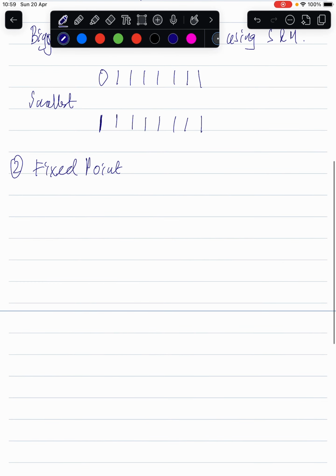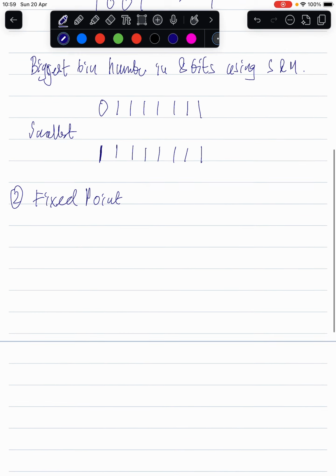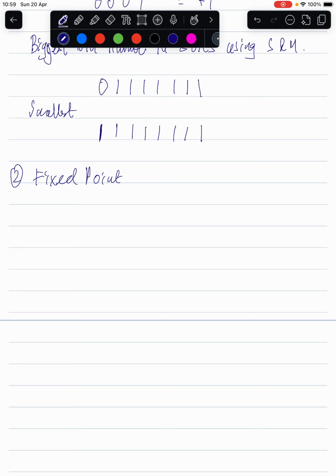Okay, fixed point. Here we're looking at how to store fractional binary numbers. Say we have 8 bits for the positive part. We've got the binary point, and then we've got 8 bits for the fractional part.